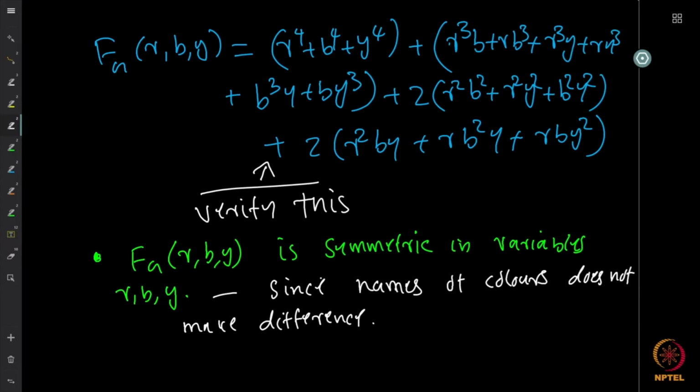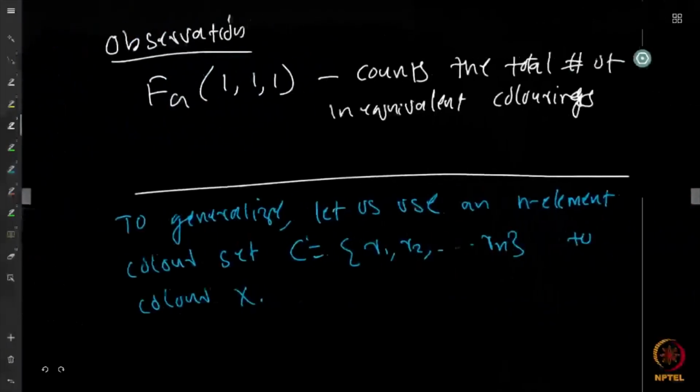So 6 plus 6, 12 plus 1, 2, 3, 4, 5, 6 plus 6 plus another 3, right? So this will be your total number of inequivalent colorings. So you can verify that.